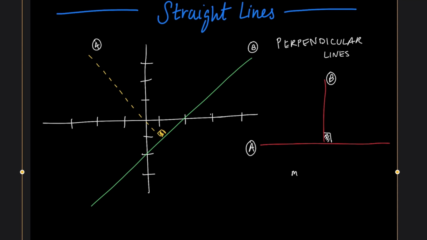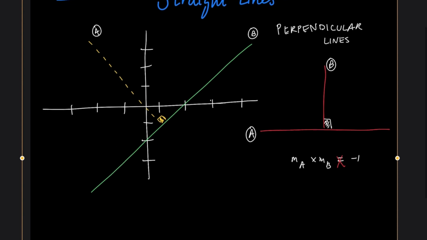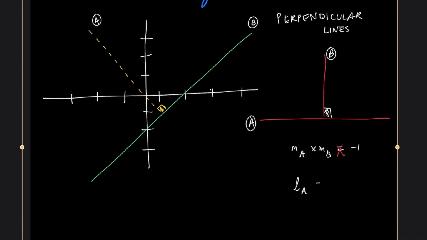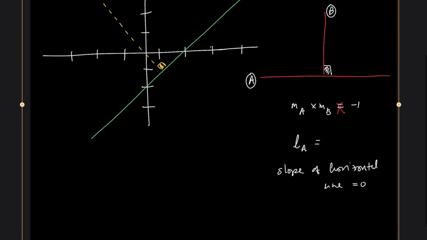And we know that the slope of line A multiplied by the slope of line B is equal to -1. But if one of the lines is horizontal, let's say in this case line A was horizontal, this would not be true. This is because line A is a horizontal line, and the slope of a horizontal line is 0.